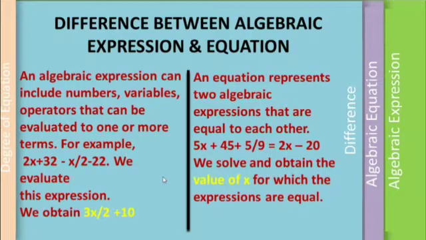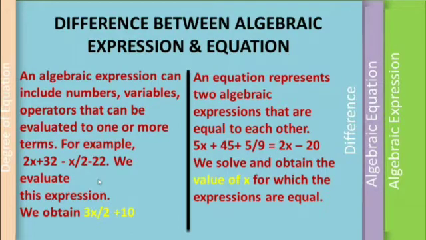Hence there is nothing like left hand side or right hand side. An expression can be simplified by combining the like terms, or it can be evaluated by inserting values in place of the variables to arrive at a numerical value. Here the example is 2x plus 32 minus x by 2 minus 22. So we evaluate this expression and we obtain 3x by 2 plus 10 as the answer, right?